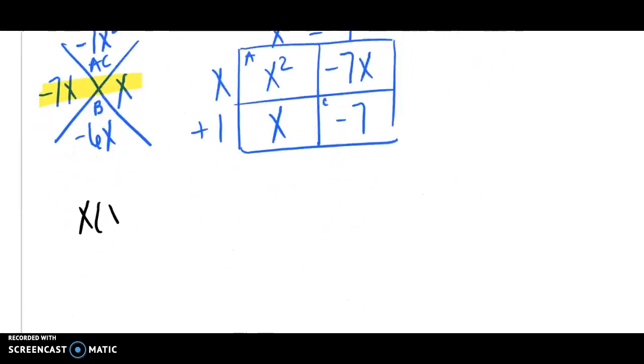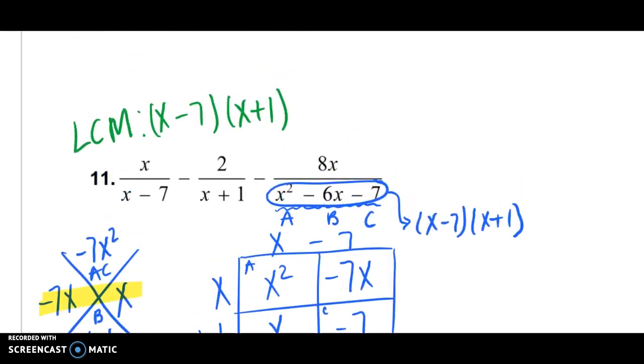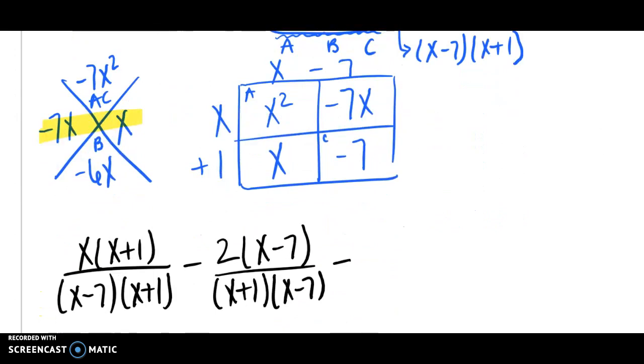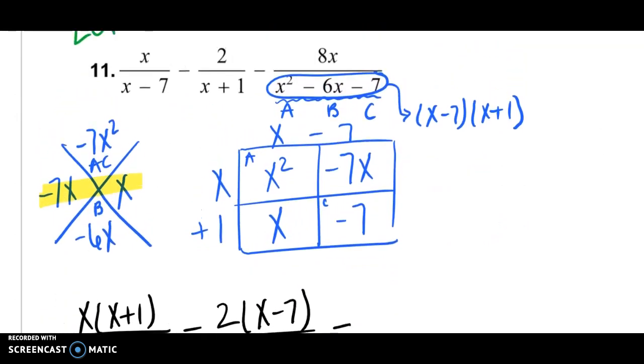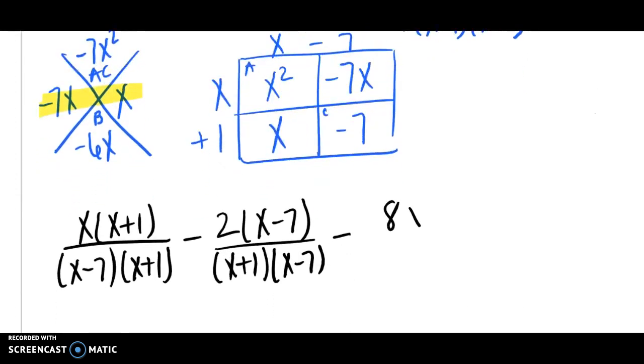So x times x plus 1, over x minus 7 times x plus 1. The second term we're going to multiply by x minus 7. And then this last term, we already have an x minus 7 and an x plus 1, so we don't have to multiply by anything. So just bring it down, 8x, and then x minus 7, x plus 1.